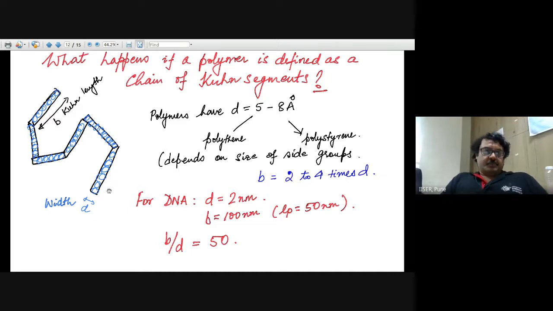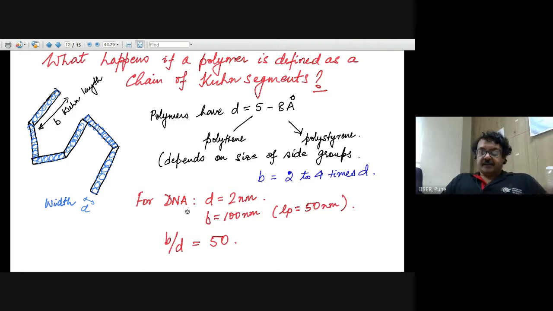And for most polymers, the Kuhn length is 2 to 4 times D. And of course, if you have a longer persistence length, if you have larger correlations between bond vectors along the length of the chain, then this Kuhn length can go up to 5 to 10 times D, right? So as shown in this figure schematically.